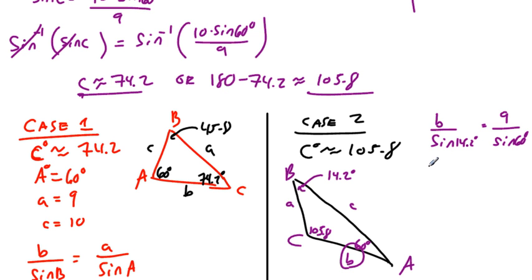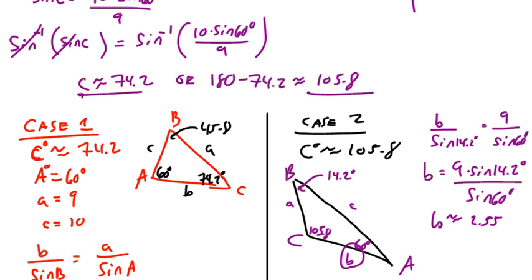I'll do it all in one big move again. b equals 9 times sine of 14.2 degrees, all over sine of 60 degrees. Doing all that, we get our approximate answer of 2.55, and we just found b.